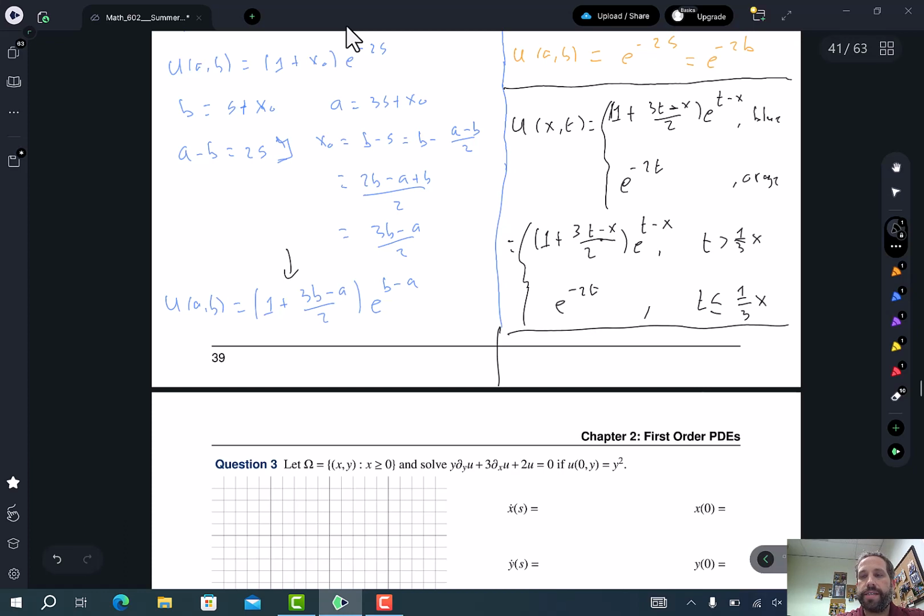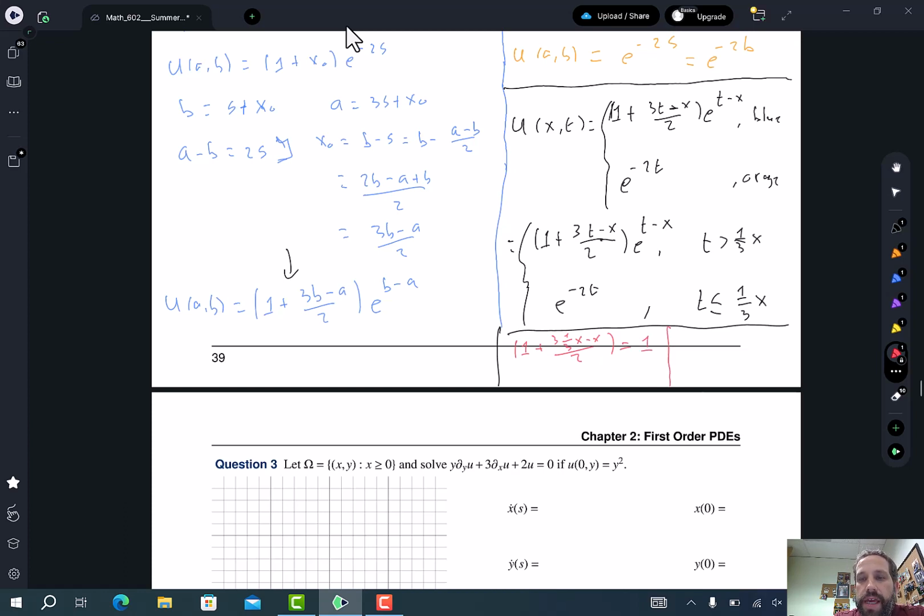And so let's just check this. If I plug in t is equal to 1/3 x, then in the parentheses, I'm going to have 3 times 1/3 x minus x over 2. Notice that is just going to be x minus x, so that's 0, so that's equal to 1.